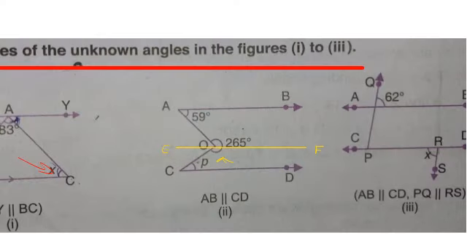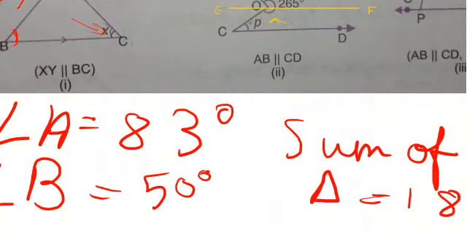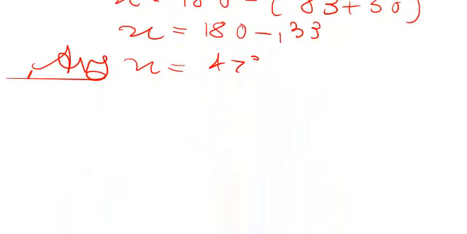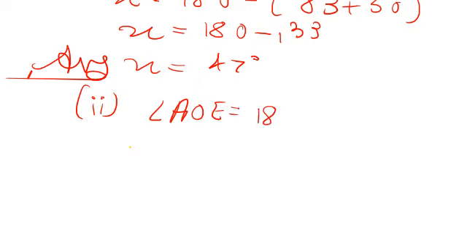So we'll go over here, and what we'll basically write here, in the second part, is, I'll change the color. So for the second part, we'll write it like this: angle AOE equals 180 minus 59 degrees, right.